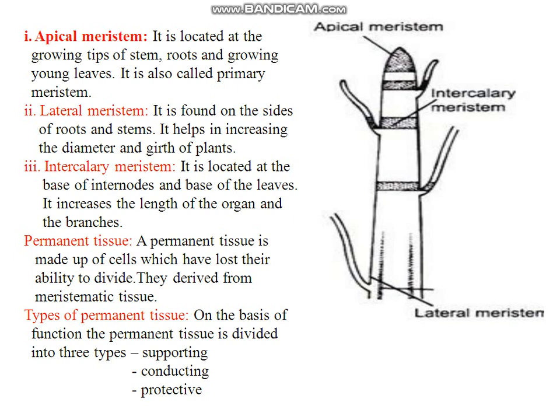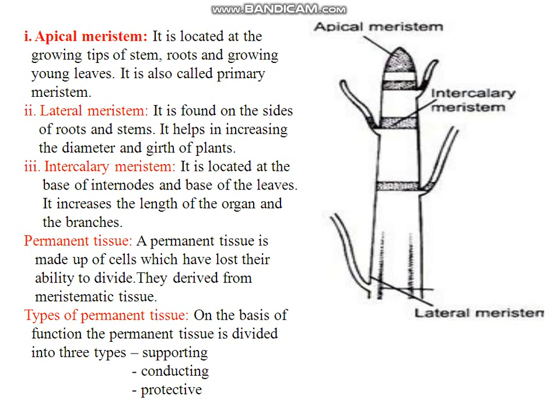Therefore it helps the plant parts to grow in length. It is also called primary meristem. You just see the diagram given here. Apical meristem is shown.